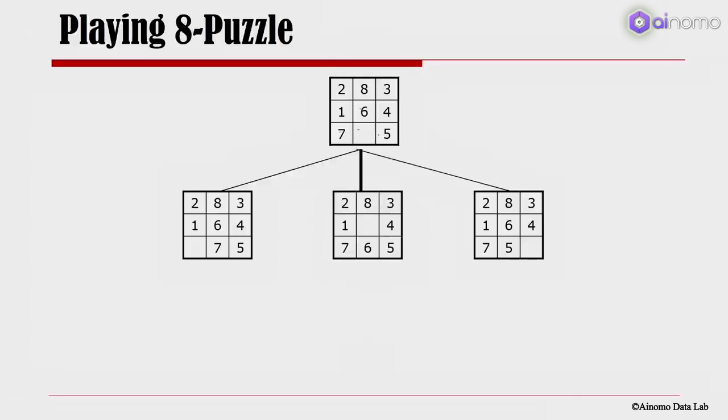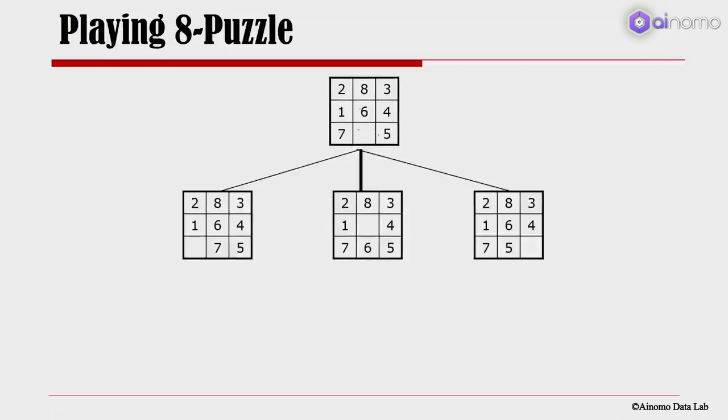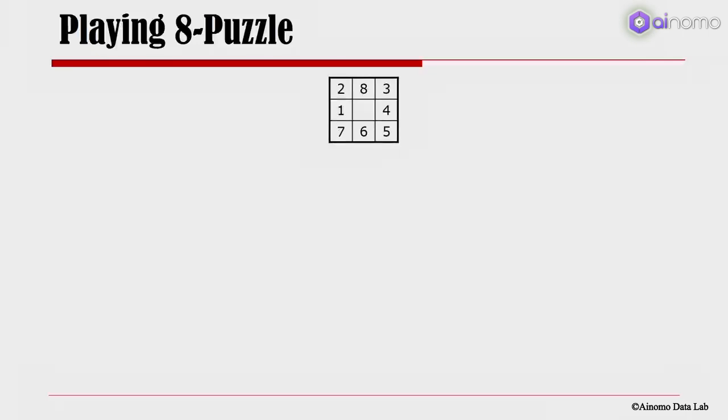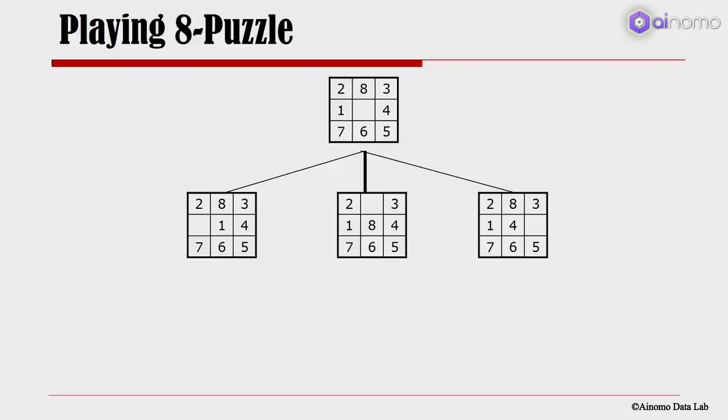I then look at these new configurations and try to employ these operators here. I will take each of them one by one. Now we generate new states from here. One could come to the center, another position I could generate is that 8 could come down, and here is the third position, where 4 could come to the center.